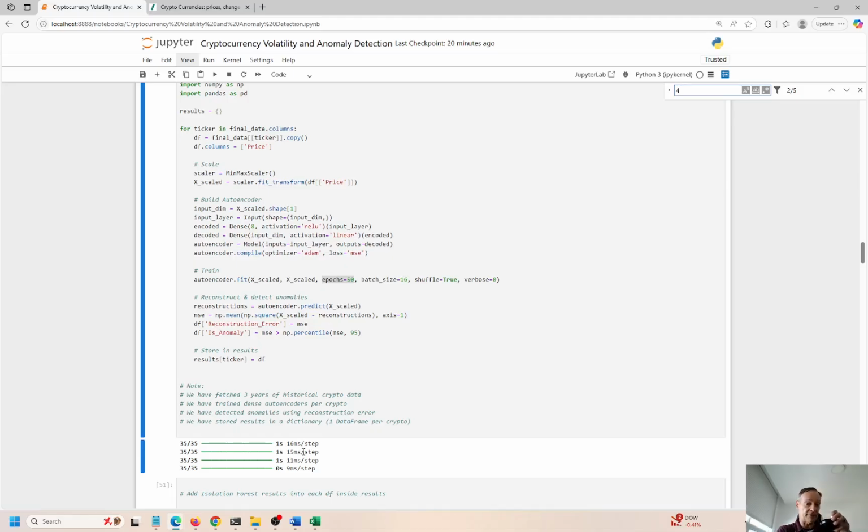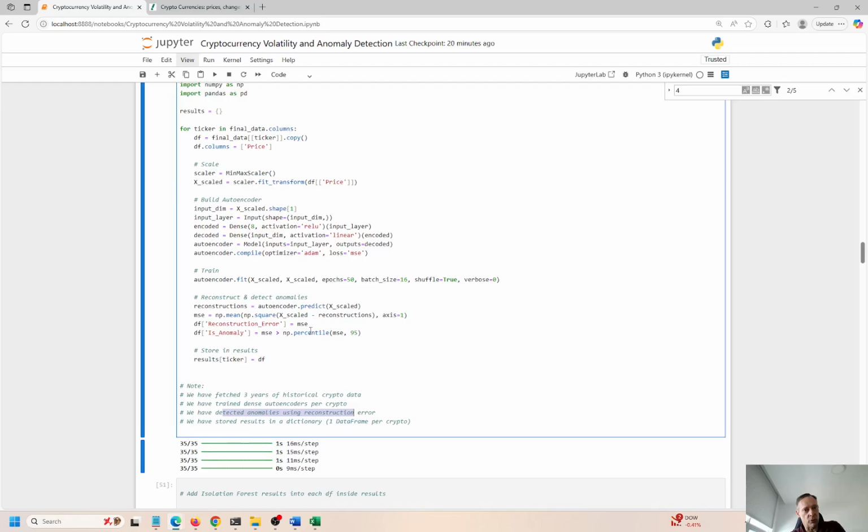Let this thing run. We're at number 4, and I think we go up to 4 or 5. When this thing is done, and it'll be done in a few seconds, then we're done here. And again, we're looking at 3 years of data. This is 36 months. We've trained the dense autoencoder per crypto, right? So there's 4 that we're looking at, and we have detected anomalies using reconstruction error.